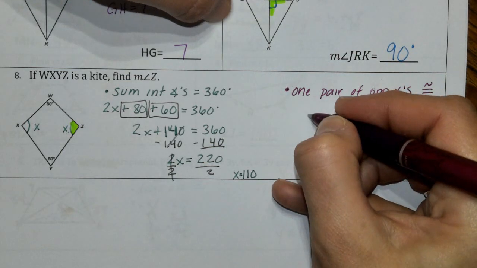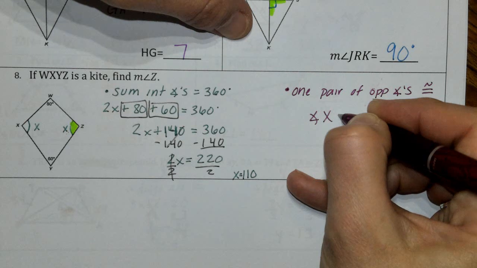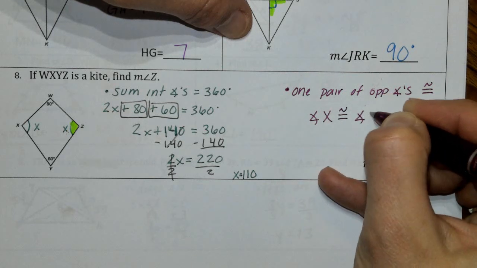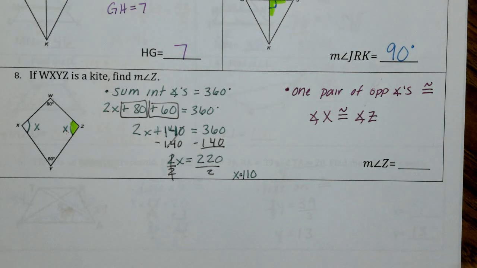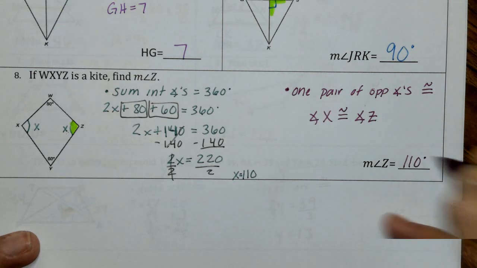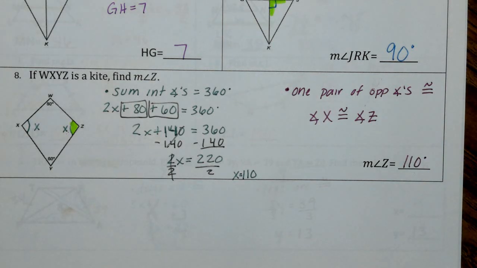So that means that angle X is congruent to angle Z. And so all we've got here is that 110 degrees. All right? So we have to do the sum and then know that those two are congruent, so we kind of use those 2 different properties. If you have any questions, please ask your teachers. You can also look up other videos on YouTube if you'd like about properties of trapezoids, isosceles trapezoids, and kites.